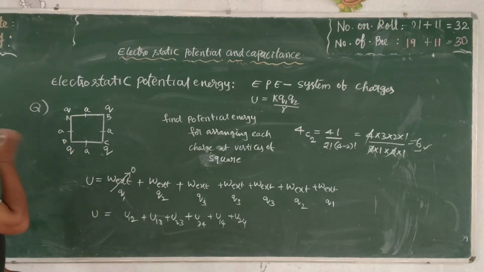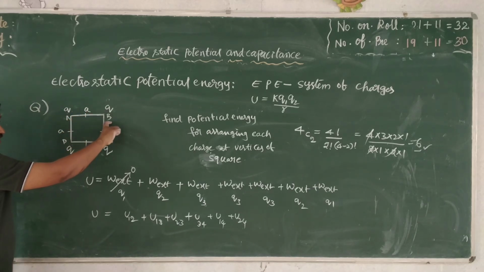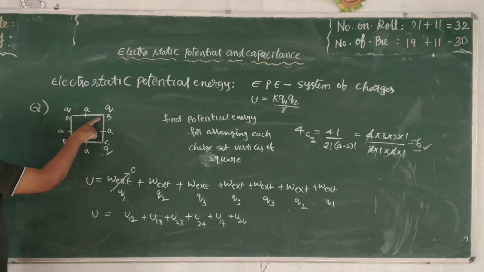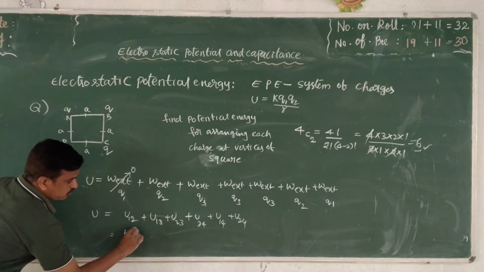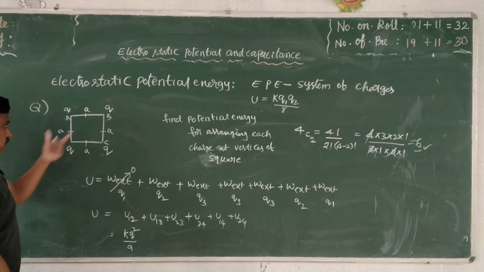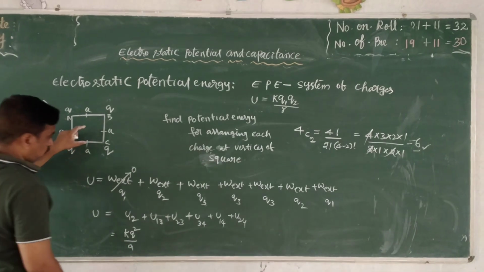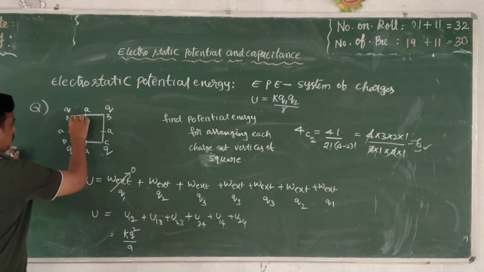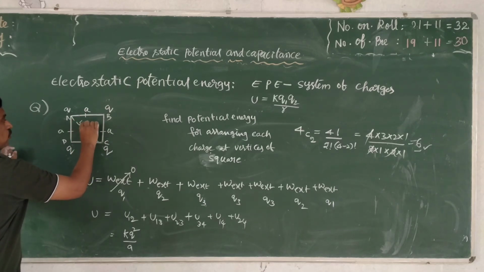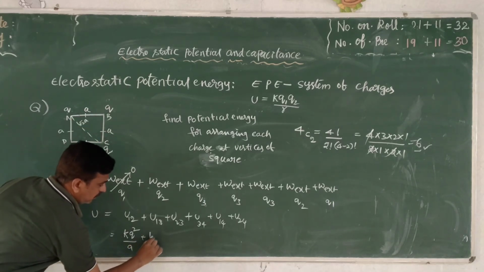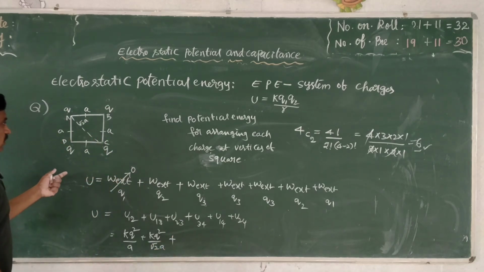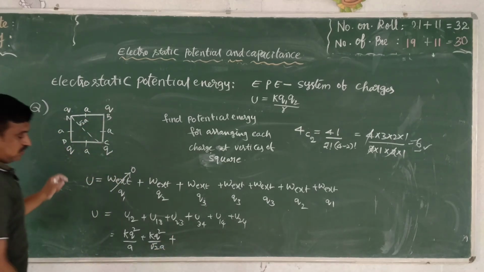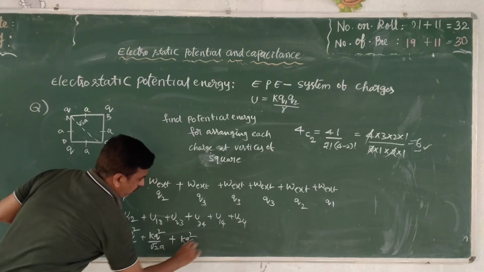In between them there is one potential energy each, including the diagonals, totally 6. Here U12 is k q square by a. U13, now what is the distance here? Root 2 into a, so we can write k q square by root 2a. Plus U23, the distance is a, so k q square by a.